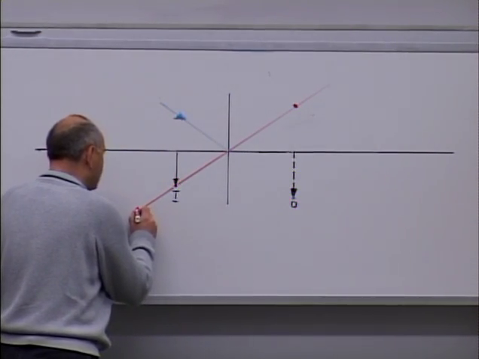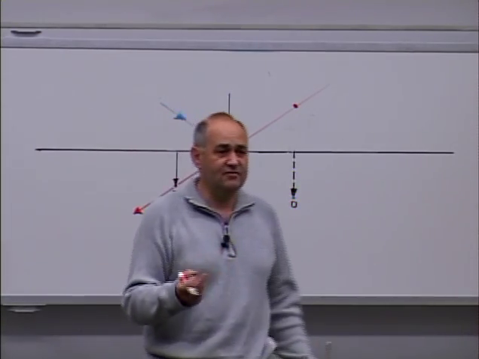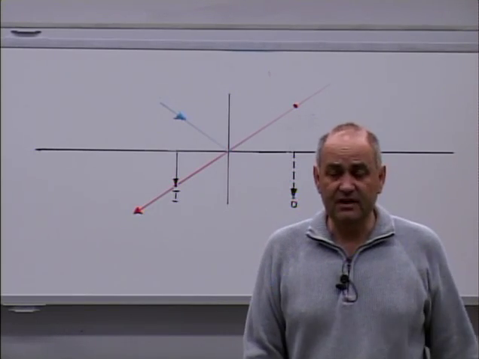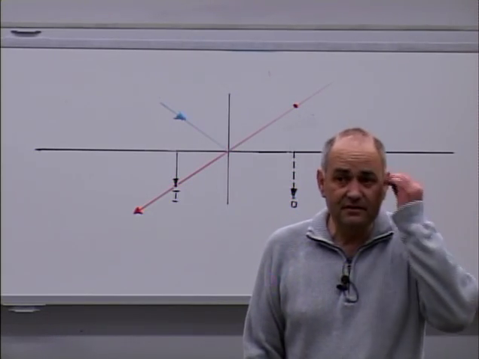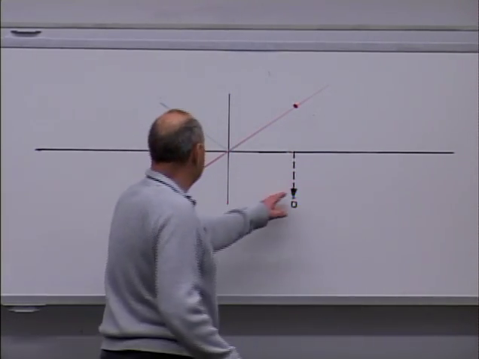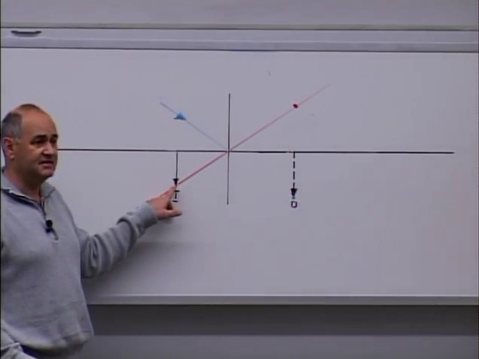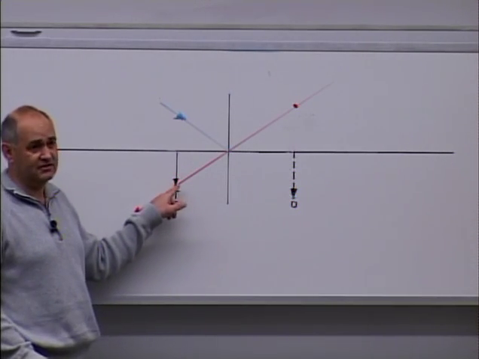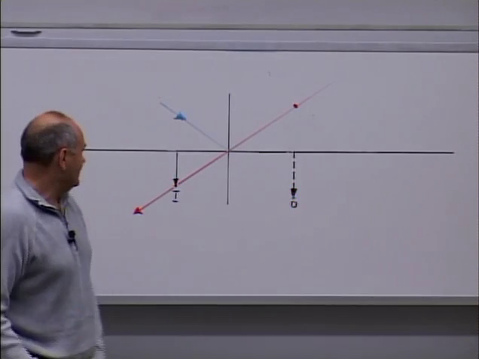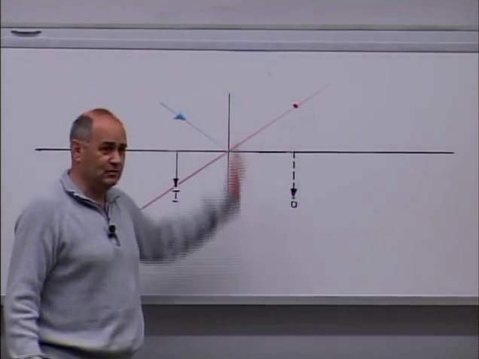Actually, the requests from Robert and from Andrew exclude each other, because in this situation, if it is a virtual object, we see that the light is passing through this point, so it is going to be a real image. All right, so we have already figured out where to place the mirror.